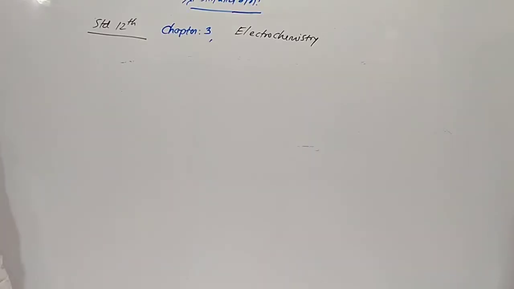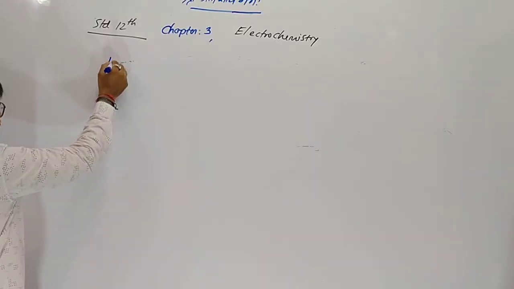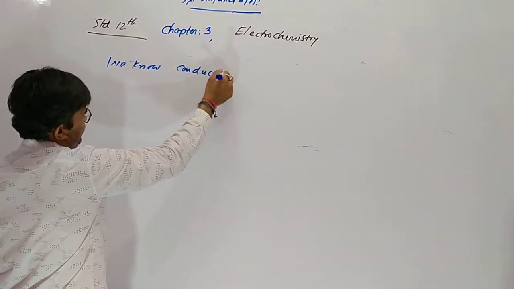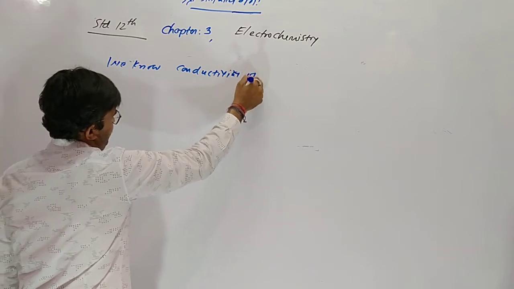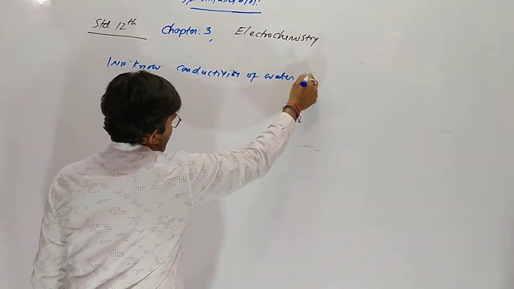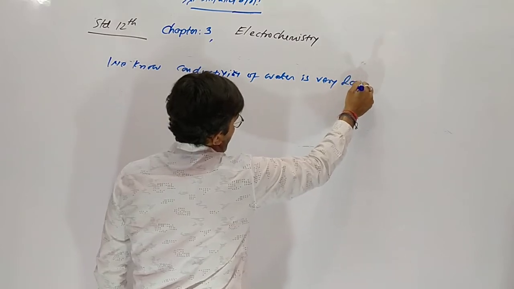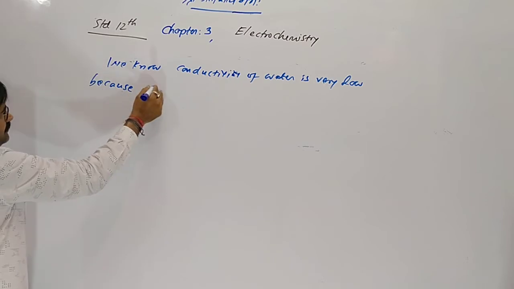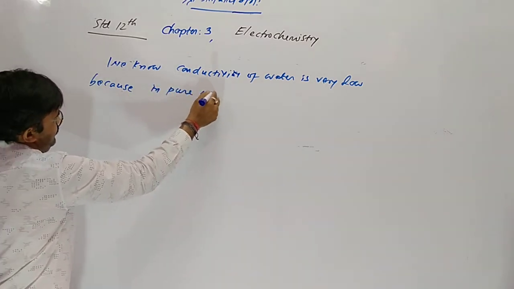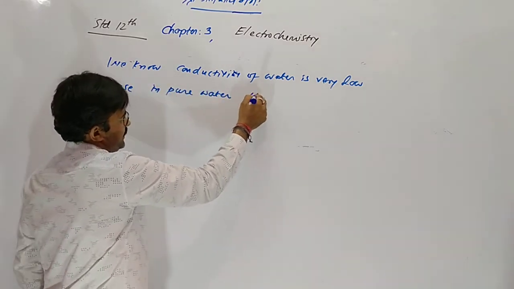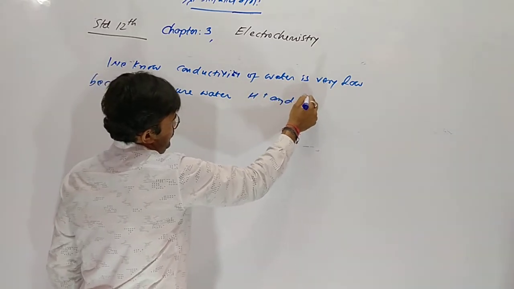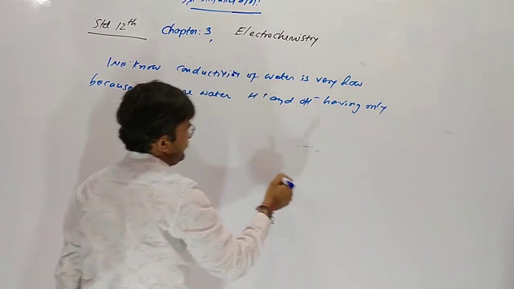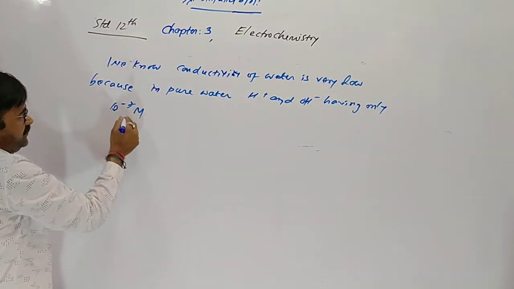We already discussed this in standard 11. We know the conductivity of water is very low because in pure water, H plus and OH minus ions have only 10 raised to minus 7 molarity.